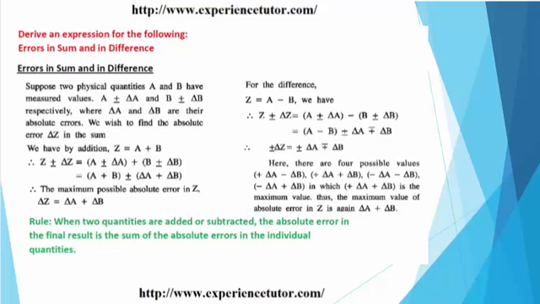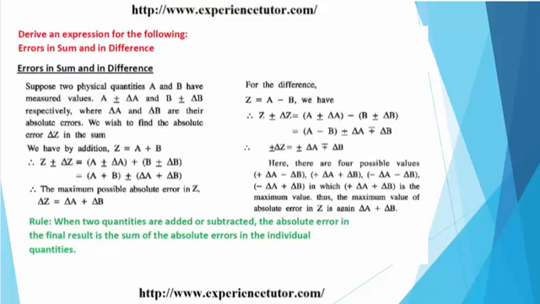Suppose two physical quantities A and B have measured values A ± ΔA and B ± ΔB respectively, where ΔA and ΔB are their absolute errors. We wish to find the absolute error ΔZ in the sum.